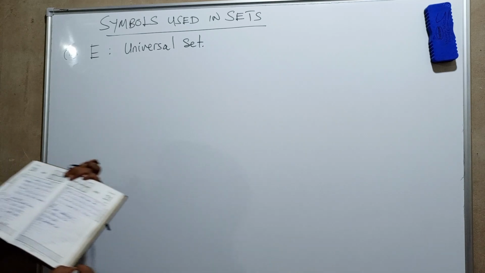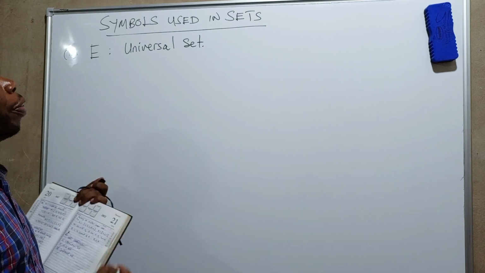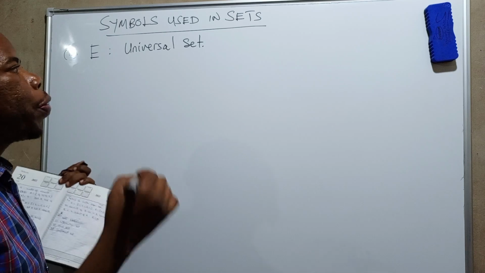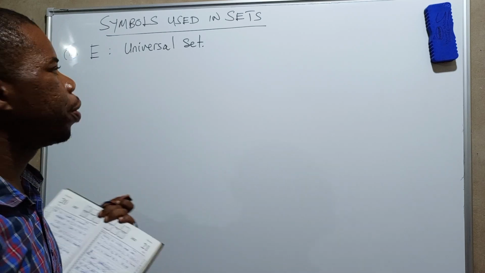So now, what is a universal set? It is a set of all elements under consideration.